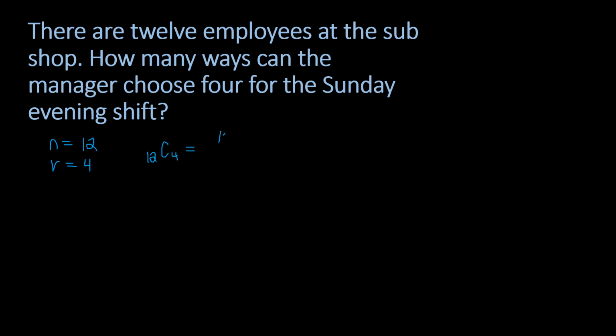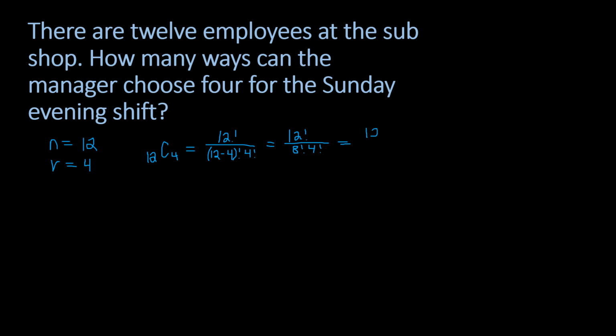And so we have 12 factorial over 12 minus 4 factorial, but now we also have R factorial, so 4 factorial. Okay, we're still going to simplify, so 12 factorial over 8 factorial, 4 factorial. We're still going to pull out our top until we can cancel it with the bottom.